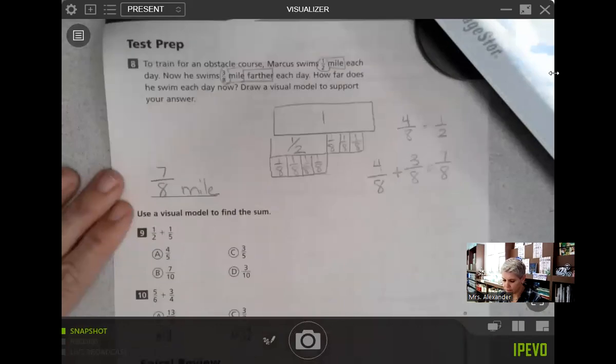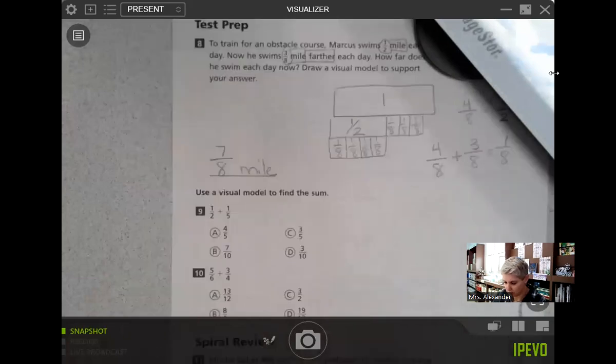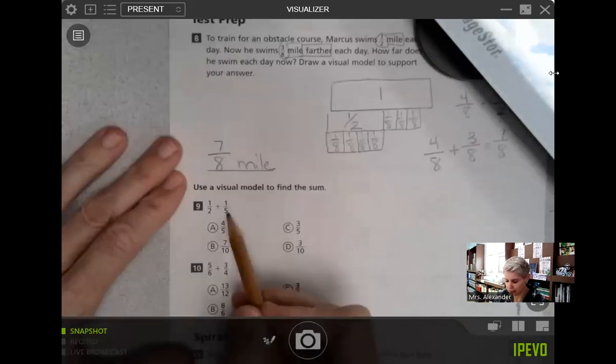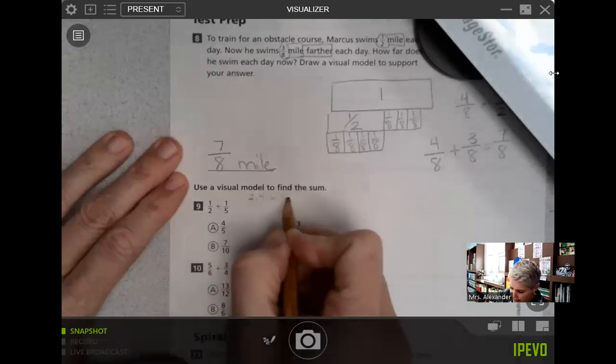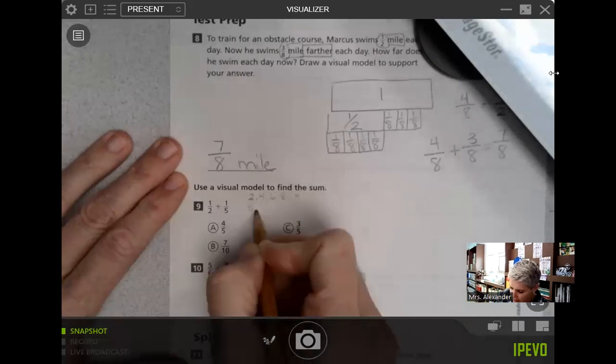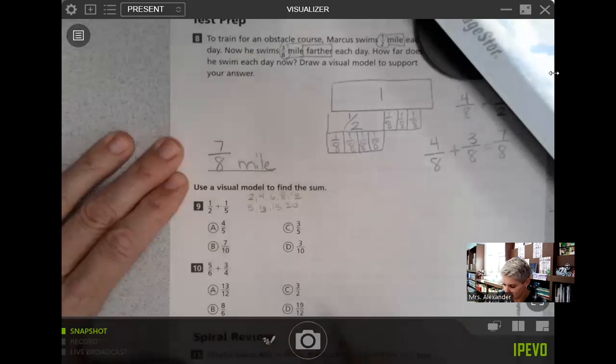All right. 1/2 plus 1/5. 2 is not a multiple of 5, and 5 is not a multiple of 2. So I need to list out some multiples. 2, 4, 6, 8, 10. 5, 10, 15, 20. I already see that we'll have a common denominator of 10.